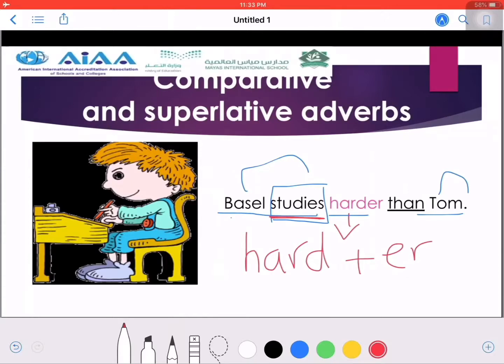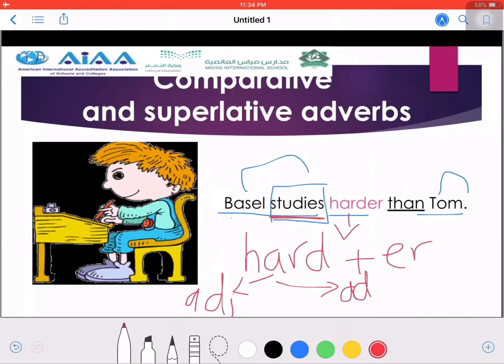Here I want to draw your attention to the word hard. Sometimes the word hard comes as an adjective, okay? Sometimes it comes as an adverb, okay?